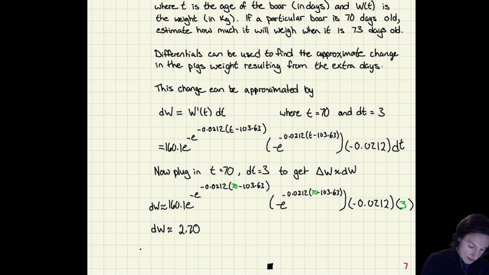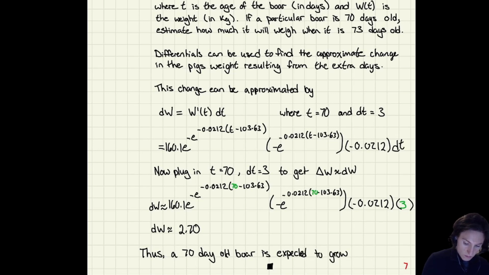Thus, a 70-day-old boar is expected to grow approximately this much. Our units are kilograms, so 2.70 kilograms during the next 3 days.